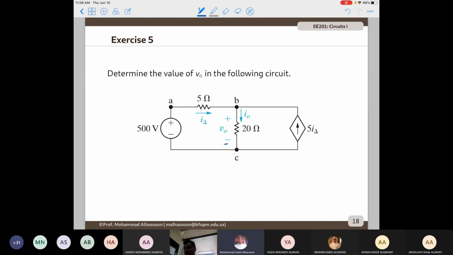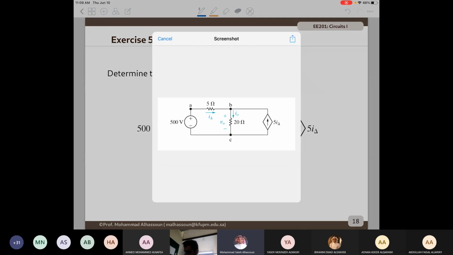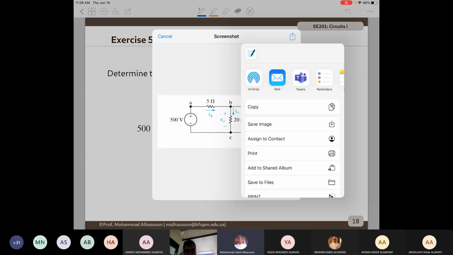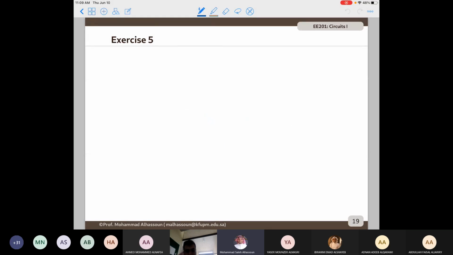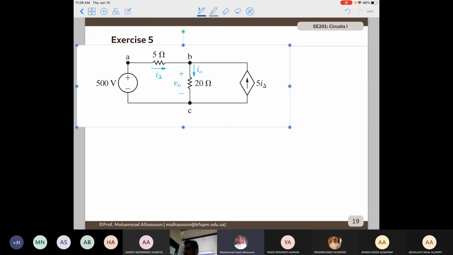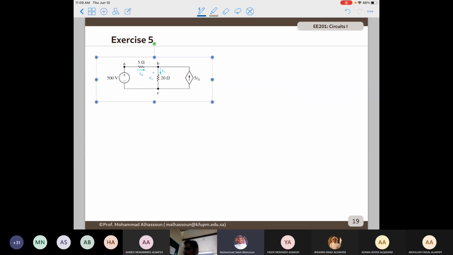Let me walk you through the steps of solving such a problem. You will see that if you know how to solve a circuit with an independent source, then solving a circuit with a dependent source is not a big difference.